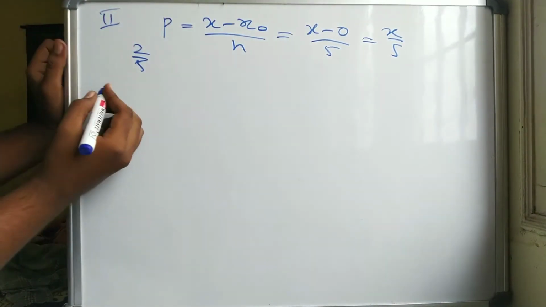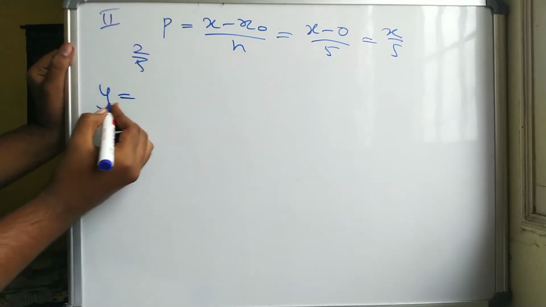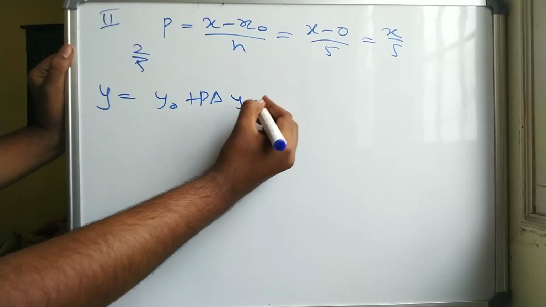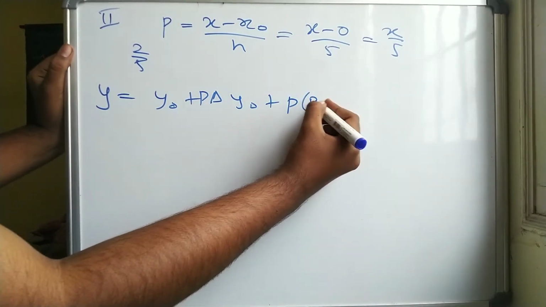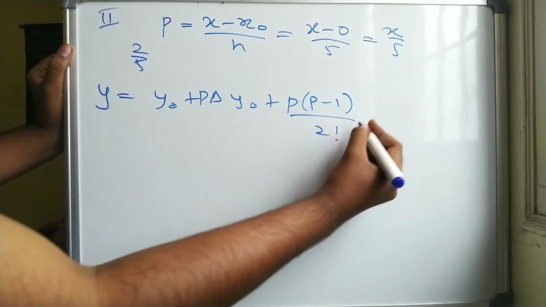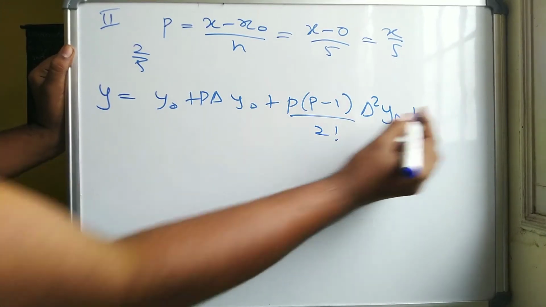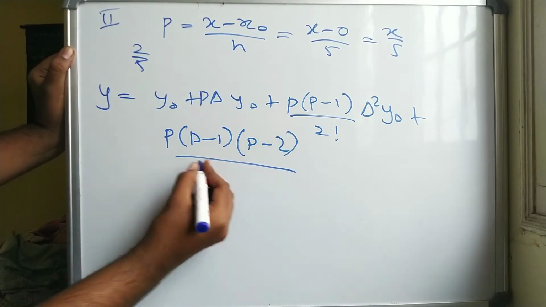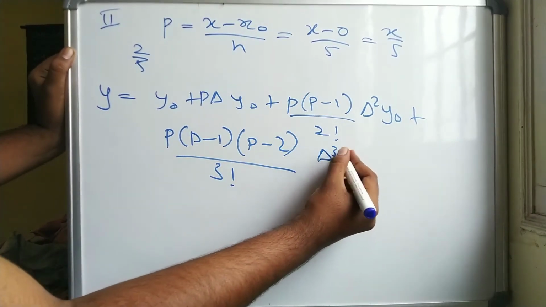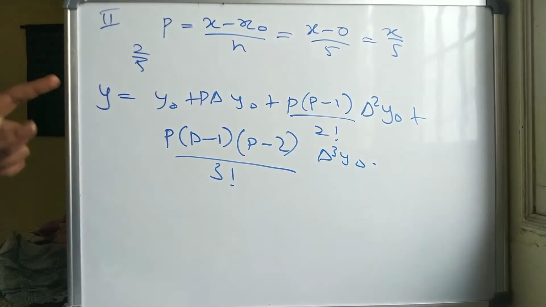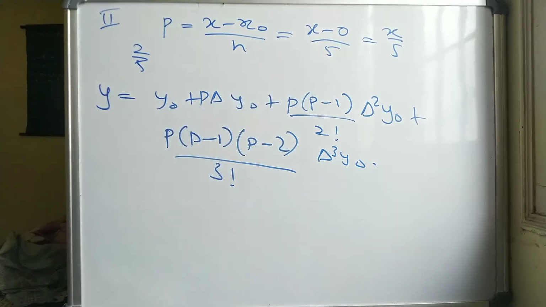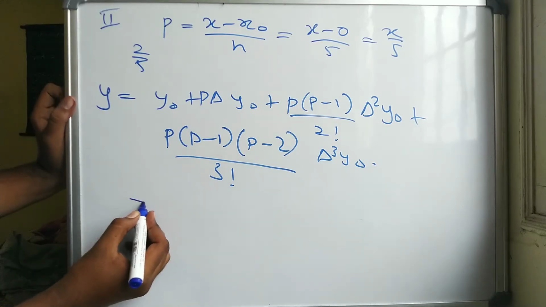Okay, then the formula you have to apply: y is equal to y naught plus p into delta y naught plus p into p minus 1 by 2 factorial into delta square y naught plus p into p minus 1 into p minus 2 by 3 factorial delta cube y naught. So in this, we are going to substitute x by 5 for the value of p, so you will get a polynomial.